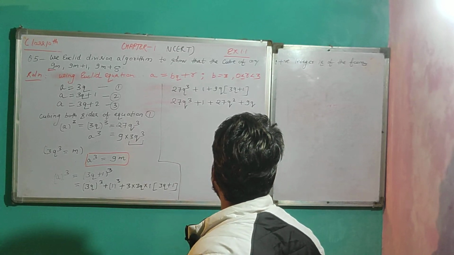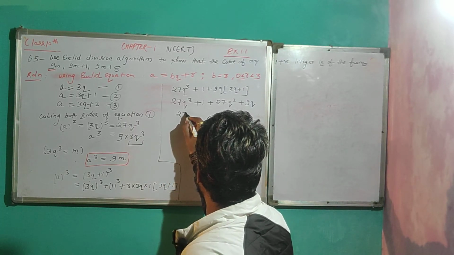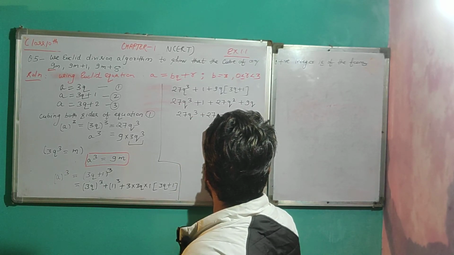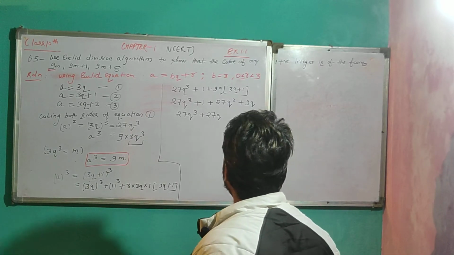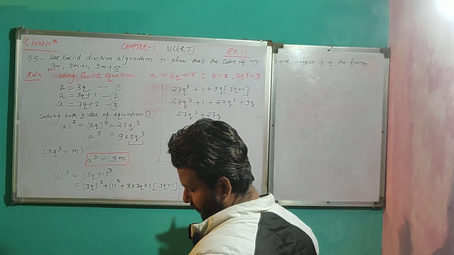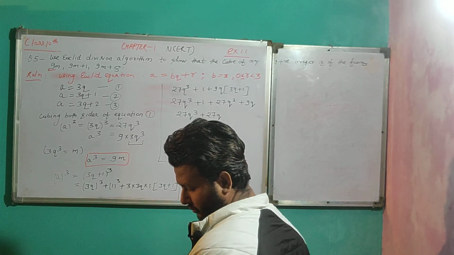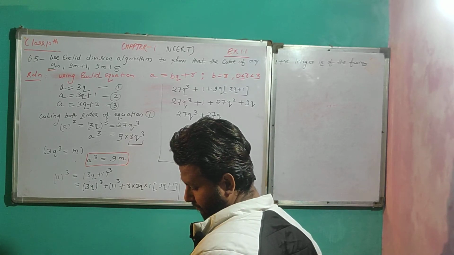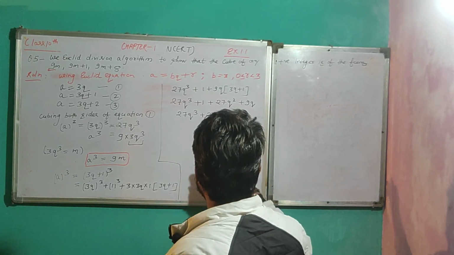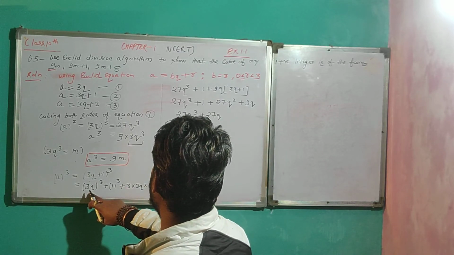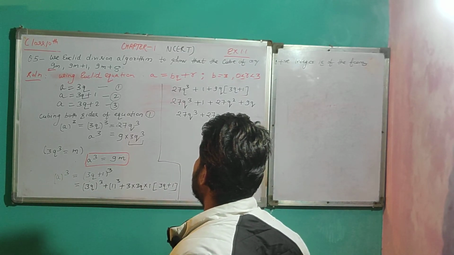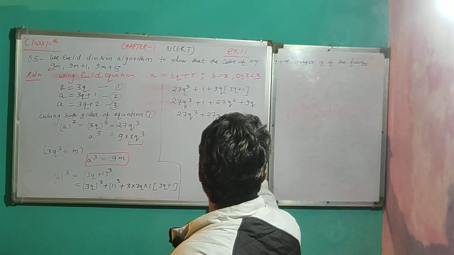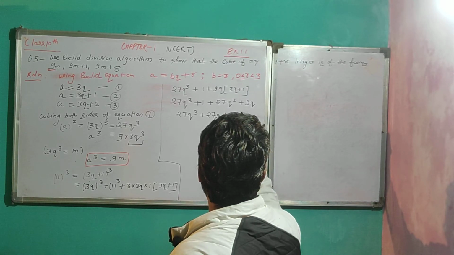Now rearranging these terms, we can write 27q cube plus 27q square plus 9q plus 1.